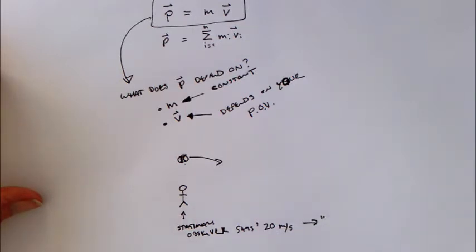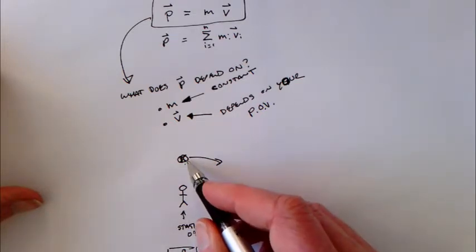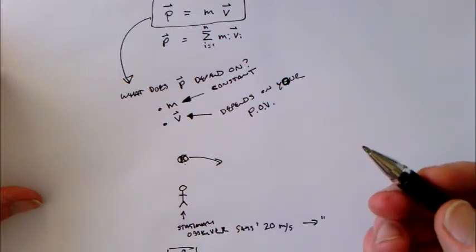On the other hand, I could equally imagine someone driving by in a car. If that car is traveling along at 20 meters per second, what does the observer in the car say? Well, the observer in the car says, I can see this baseball outside my window, and the baseball at this particular instant has no velocity in the x direction.